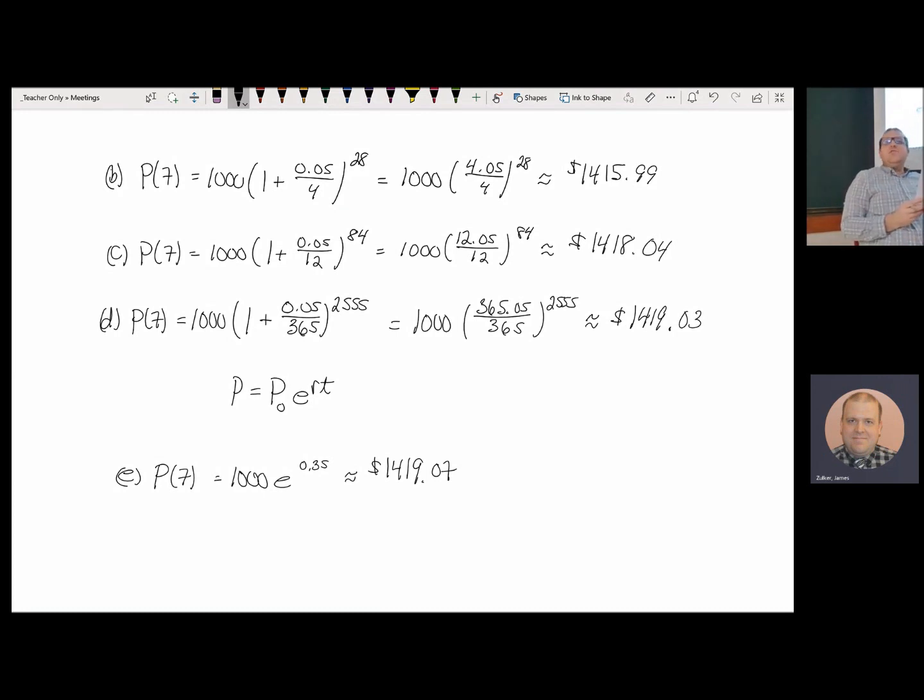Which didn't add that much. Versus the daily, but continuous compounding, clearly the best option.